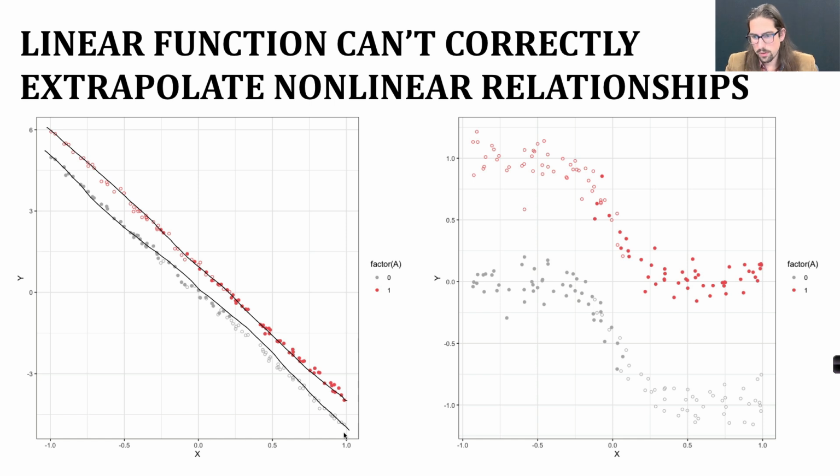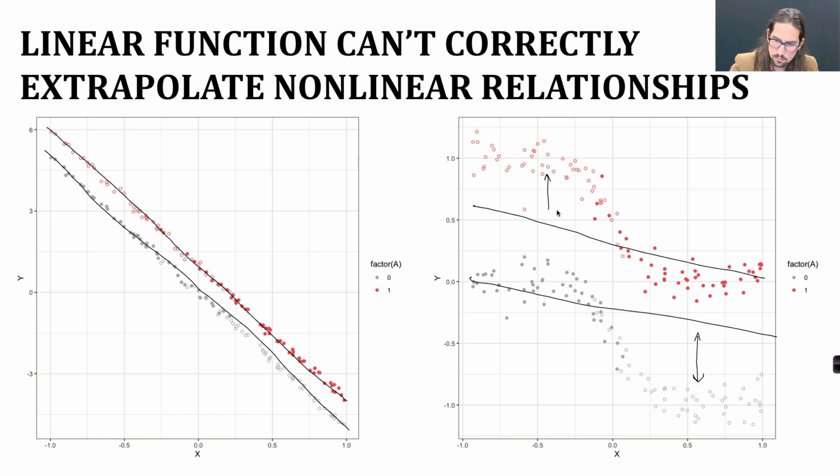Now, over here, let's say I fit linear regression, it's going to fit something like this, and this one, maybe something like that. And the point is that this is bad. The linear regression, since it's extrapolating in a linear way, is not capturing the fact that there's actually some curvature here. We care about how well we fit the observed data, but what we want is to fit the unobserved data over here.